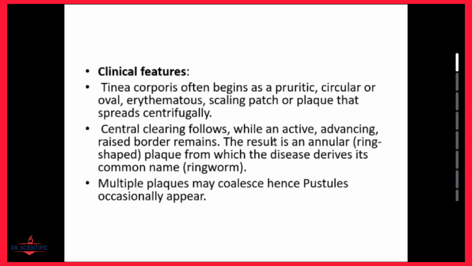So when you look at it, they have a ring-shaped infection. It can even be on your back. It can be within your stomach, other than the feet, the face, and the hands. Because mostly you can transfer it from these common sites that we've talked about to other parts of the body.